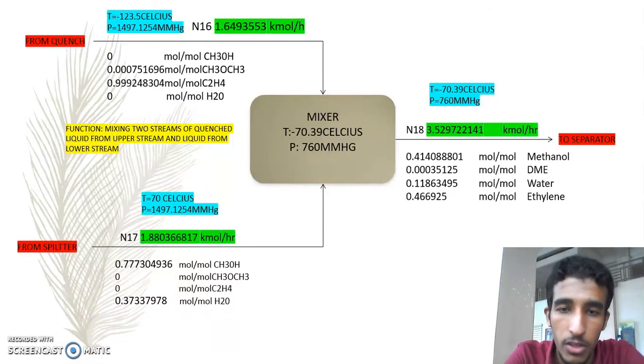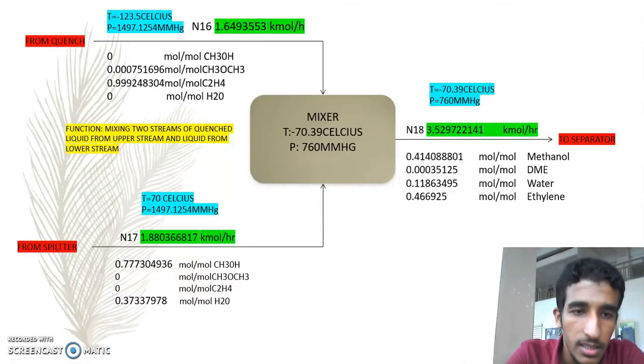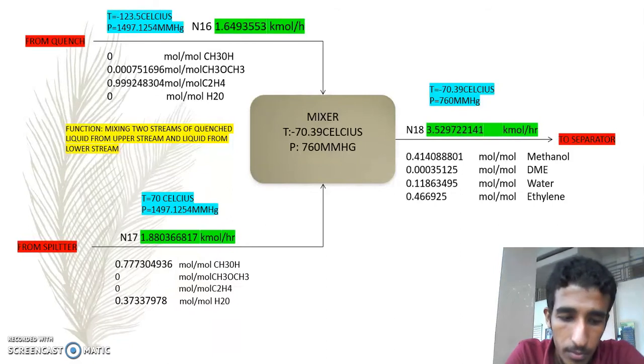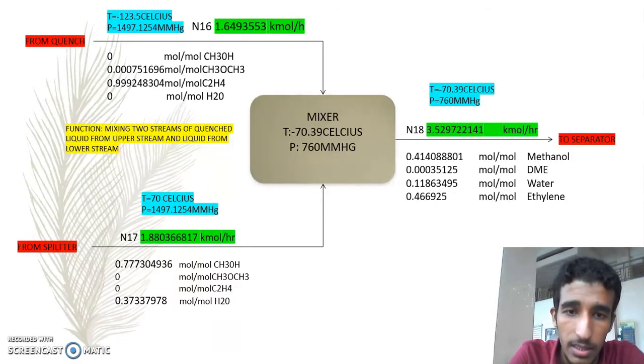The temperature for the unit is minus 70 degrees Celsius, and the pressure is almost 1 atm. The stream going out is 3.5 kmol per hour, going to the separator. The method used to calculate is just a simple material balance. What's coming in is coming out.